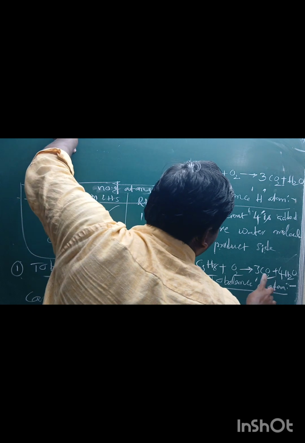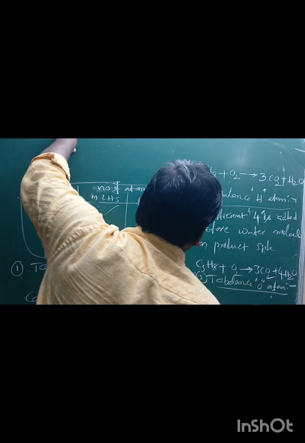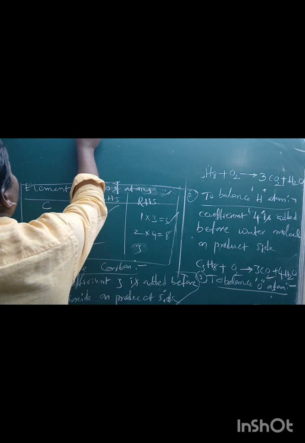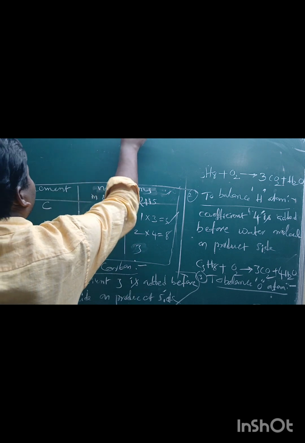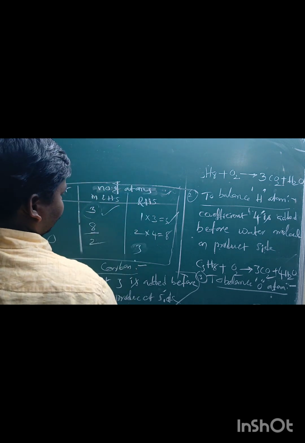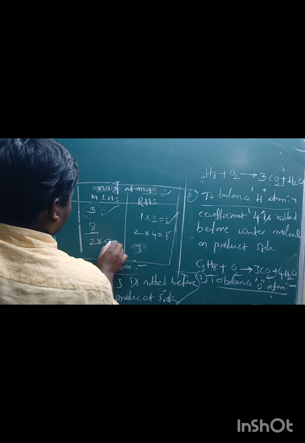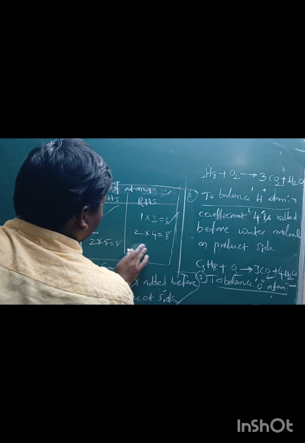In this side 3 twos are 6 plus 4, 10 atoms are there. Coefficient 5 is added in this side, 5 twos are 10. In this side how many are there? 10 is there.